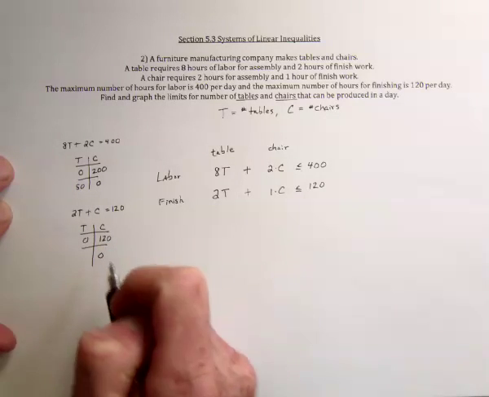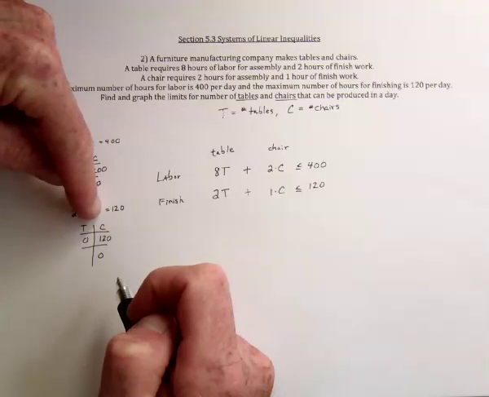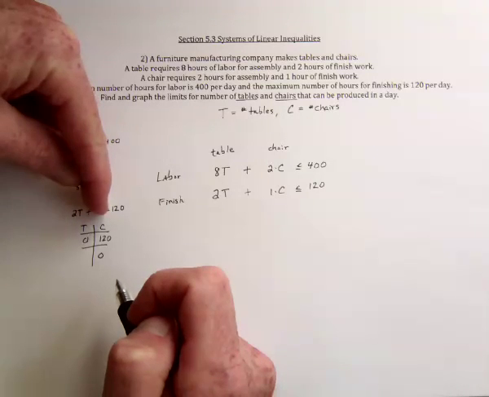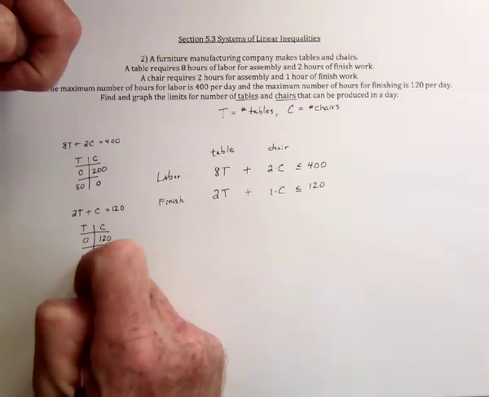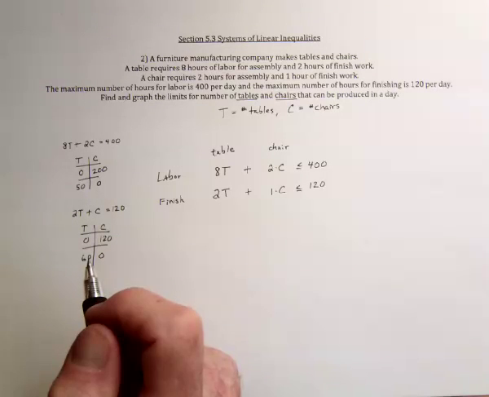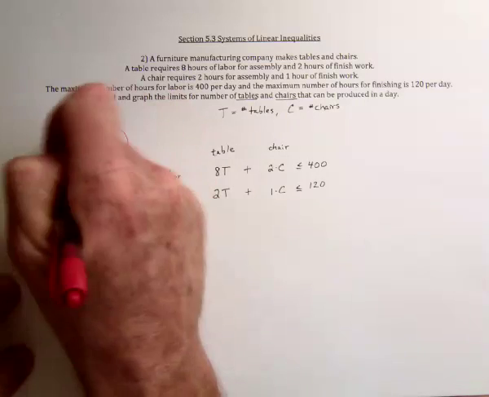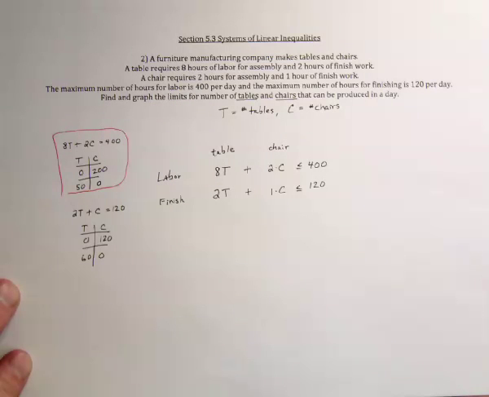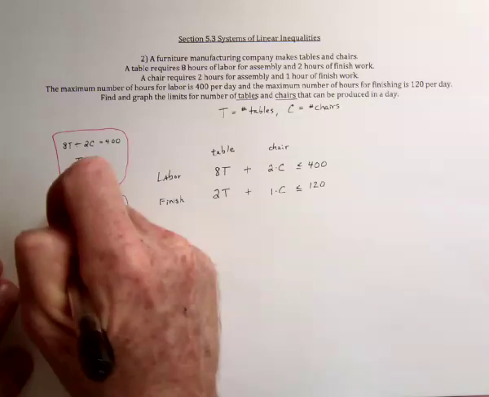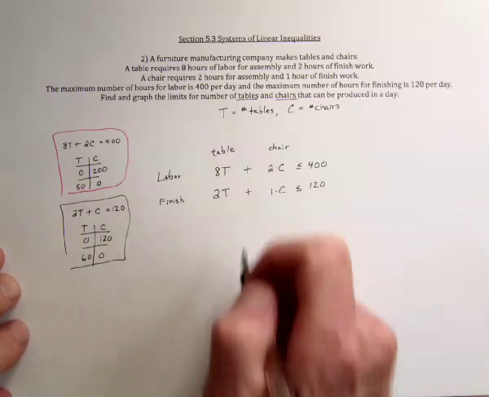And if the number of chairs were equal to 0, then dividing both sides by 2 would give us 60. So I'm going to graph this one in red, and I'll graph this one in black.